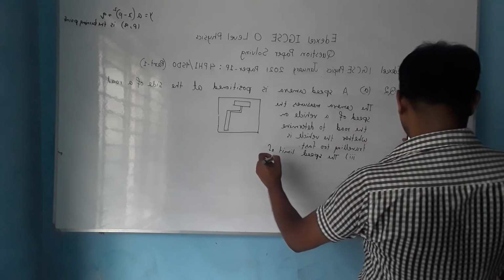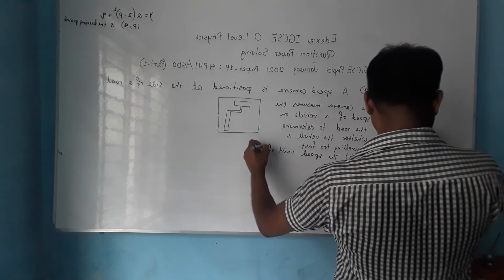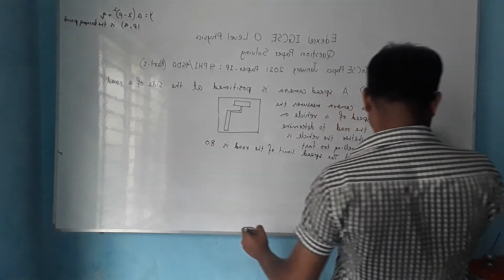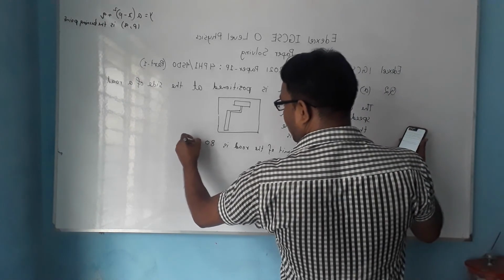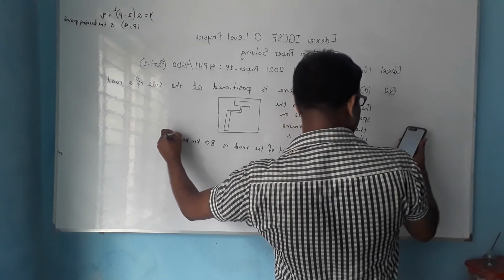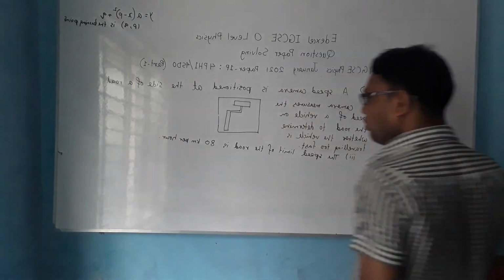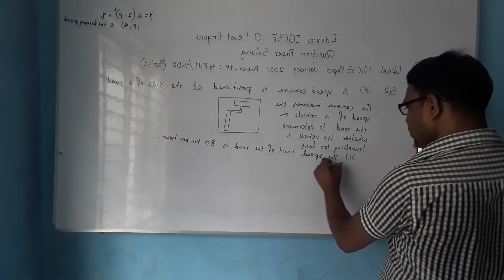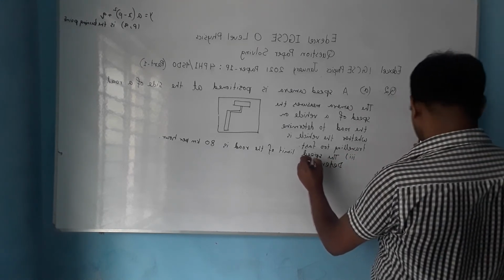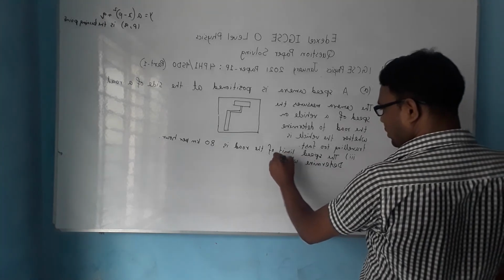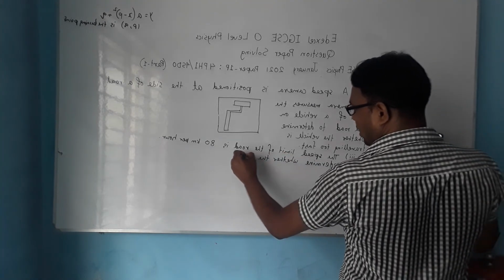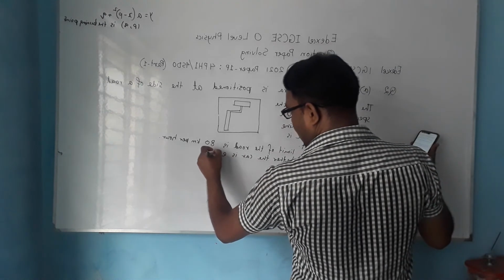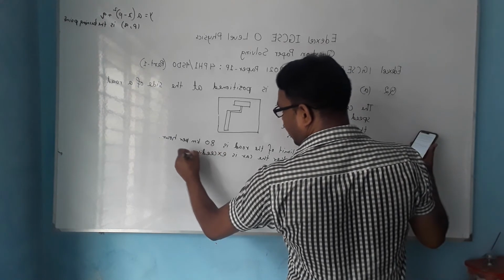The speed limit of the road is 80 kilometers per hour. Determine whether the car is exceeding the speed limit.